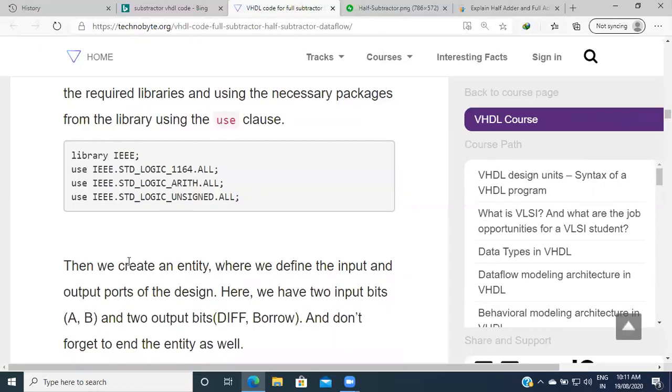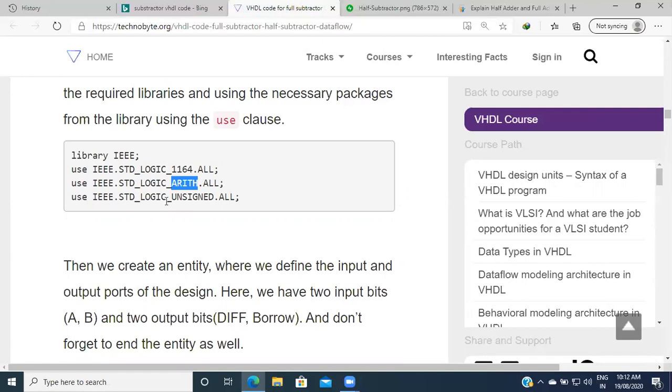That library declaration is nothing but library IEEE, use IEEE.std_logic_1164.all. Those two statements we are able to write, but we can also write an extra one, that is use IEEE.std_logic_arith.all. Here arith is nothing but the arithmetic declarations that we can also use.